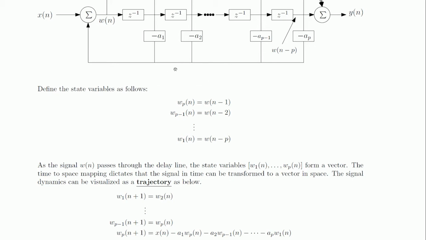So, which is basically x of n minus a1. So, you have x of n. So, Wn is the signal which is x of n minus a1 times Wpn minus a2 times Wp minus 1n, so on and so forth till minus ap times W1n.